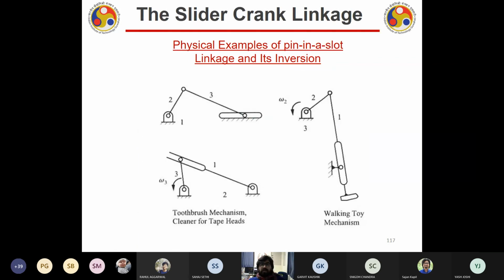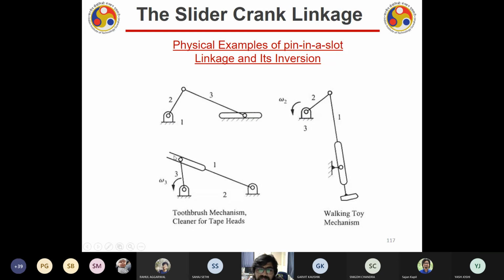Fine. Now some other examples of the pin in a slot mechanism, which is very common, like the slider crank mechanism. The only difference is this particular joint is a higher degree of freedom joint, I mean it is P2, a higher pair. It may rotate as well as slide, so it has 2 degrees of freedom. In a very similar fashion, this also has 2 degrees of freedom.